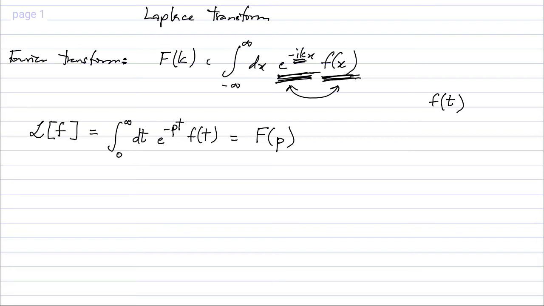Okay, so in other words, you're going from the so-called t space, roughly speaking, to p space. Okay, so your function which depends on t, after the Laplace transform, you get the new function which depends on p.